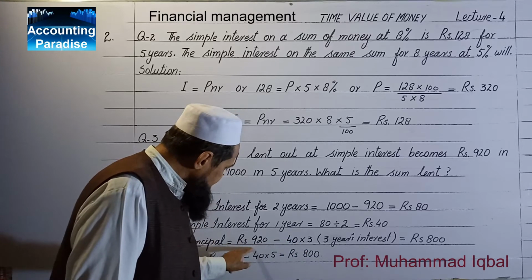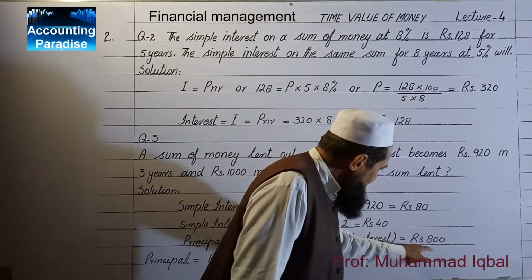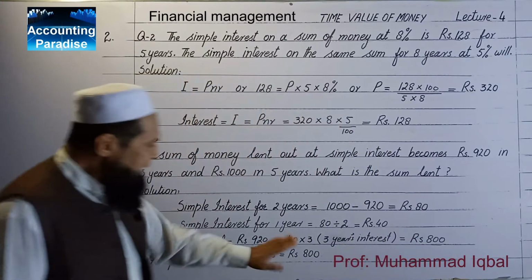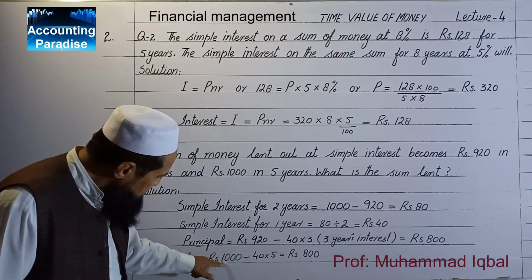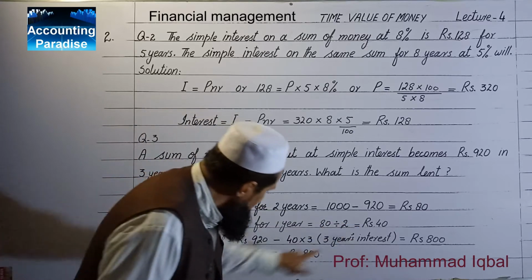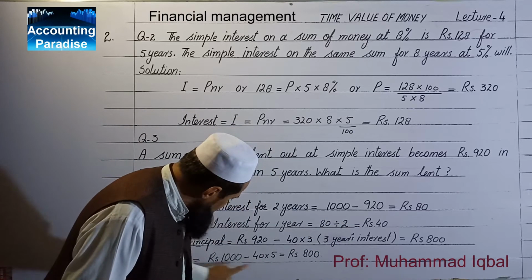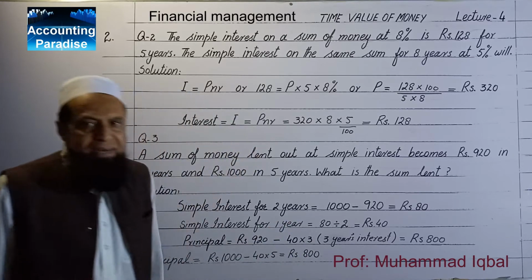If we deduct 120 from 920, it comes to 800, and this is the original sum. This can also be calculated deducting 5 years interest from 1000. This 40 for 1 year, 5 years is equal to 200. When we deduct 200 from this 1000, it is 800.